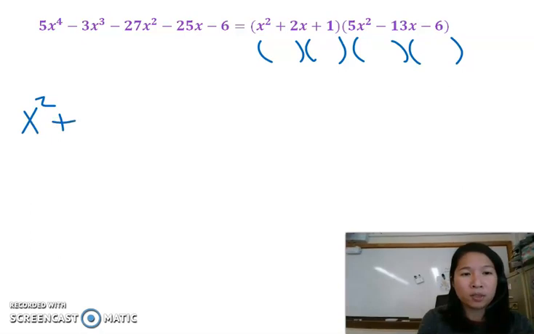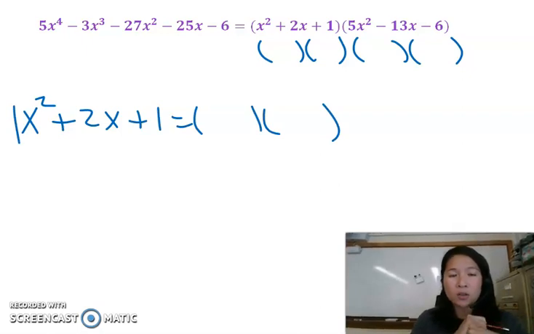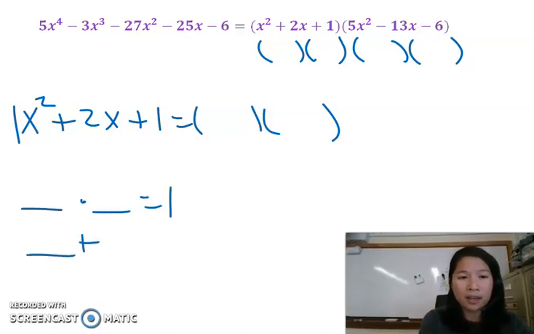So x squared plus 2x plus 1. This is a quadratic where the leading coefficient is 1, so it's very straightforward. We would need to find two numbers that multiply to give us 1 and add to give us the middle term, which is 2.